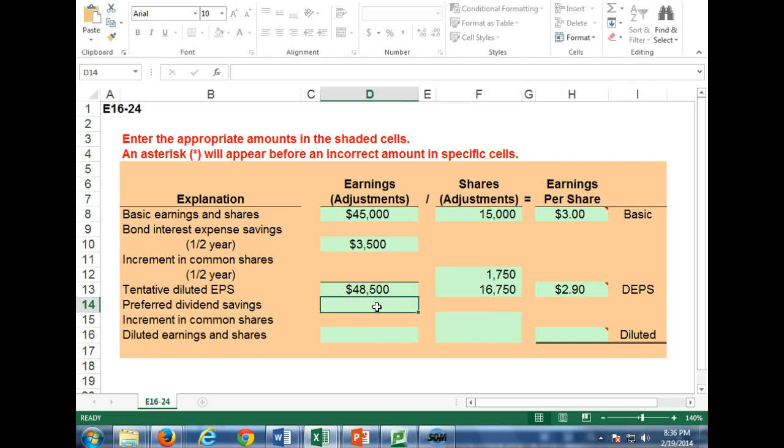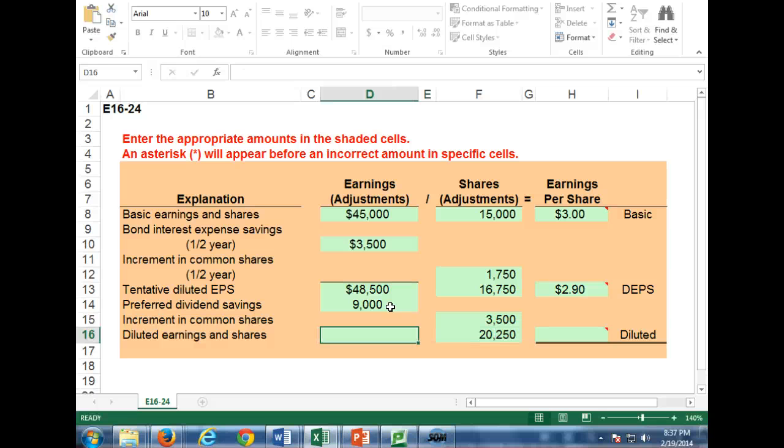Now, preferred dividends. How much were the preferred dividends? We found out 9,000, right? And if the preferred stock was converted to common stock, how many shares would that be? 3,500. Do you guys agree with that?